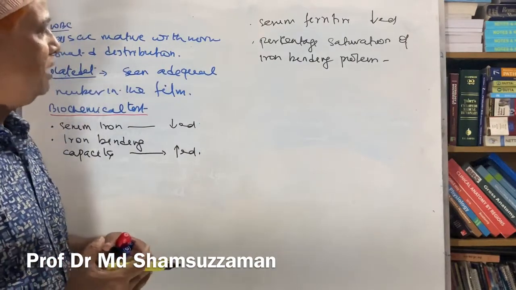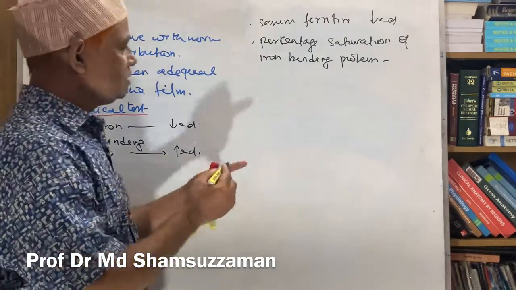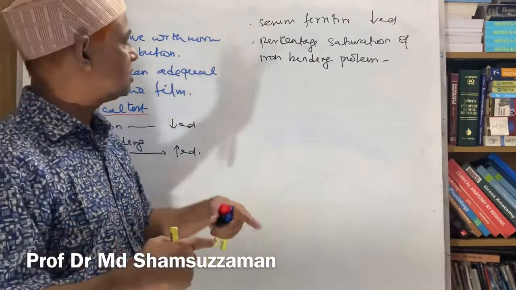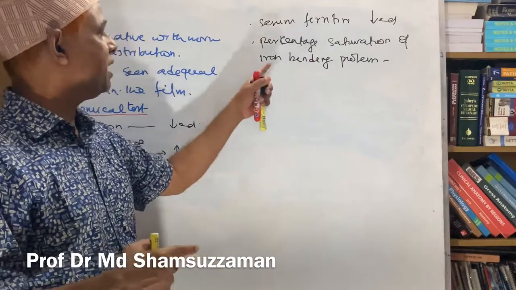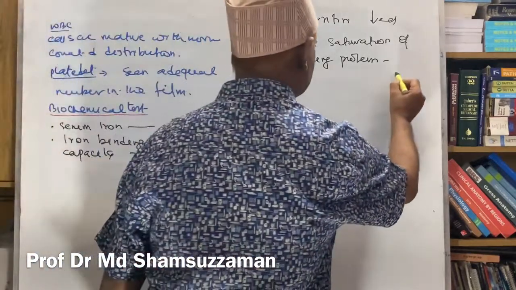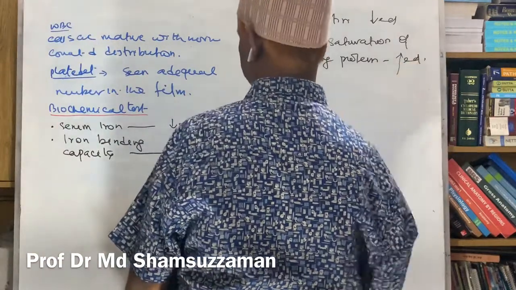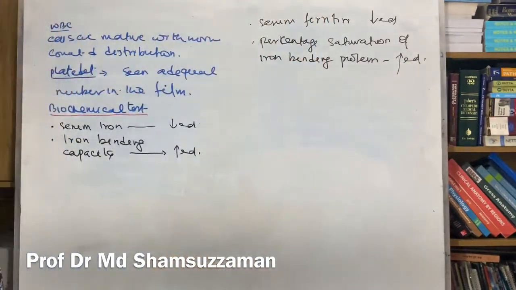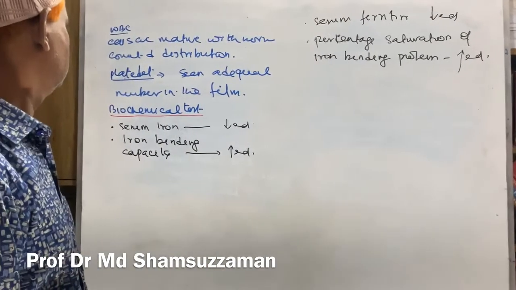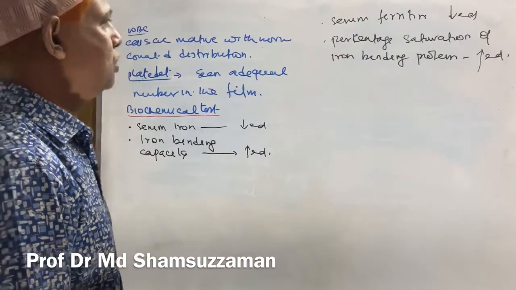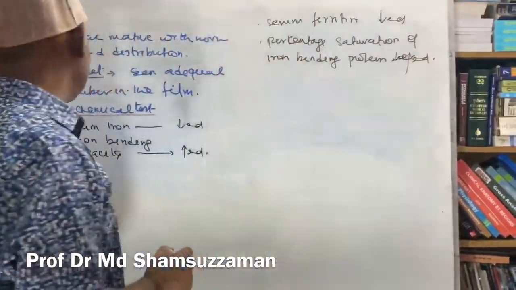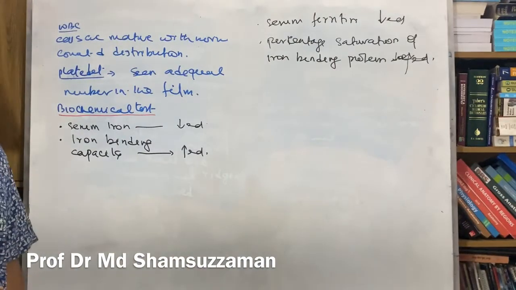This is called iron binding protein. As in the plasma iron is decreased, so percentage saturation of iron binding protein will be decreased. So these are the biochemical tests for iron deficiency anemia.